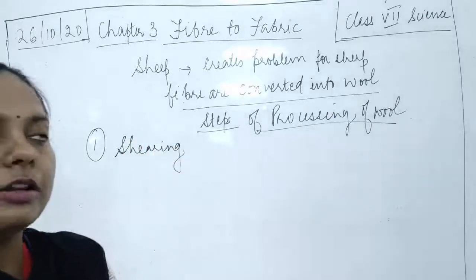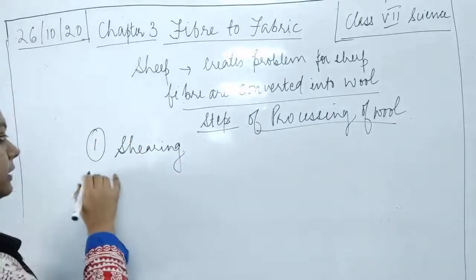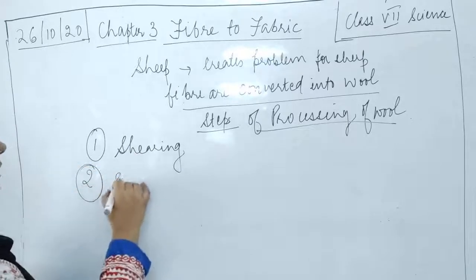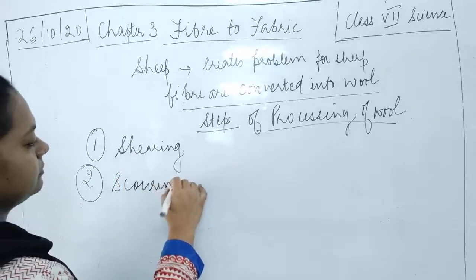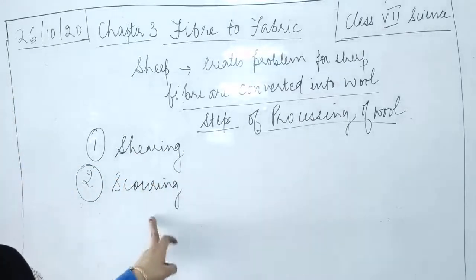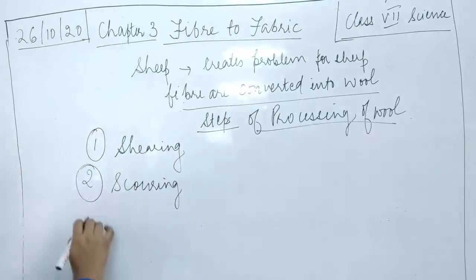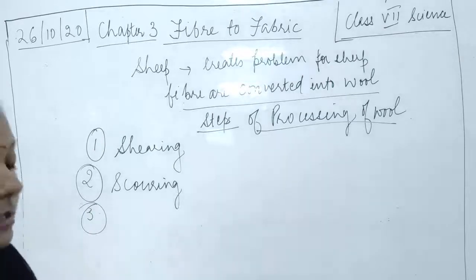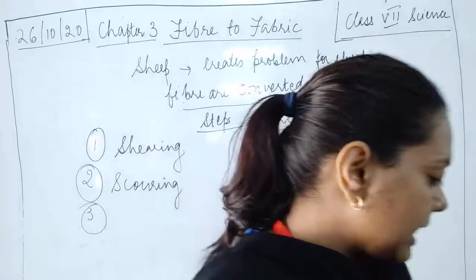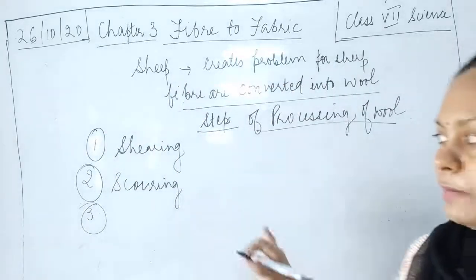Shearing means cutting or shaving the hair of the sheep. Then, the second step is scouring. Scouring means cleaning or washing the hair of the sheep in various ways, because the animal moves from one place to another.